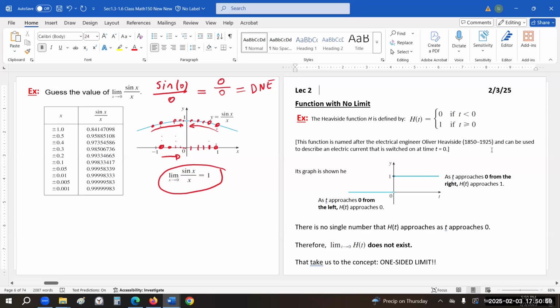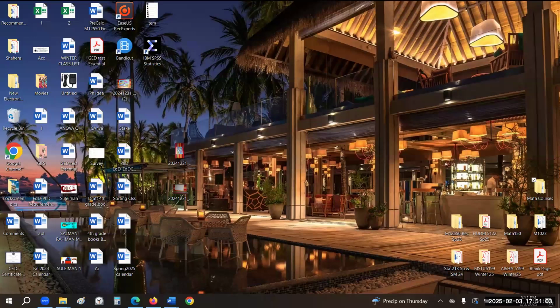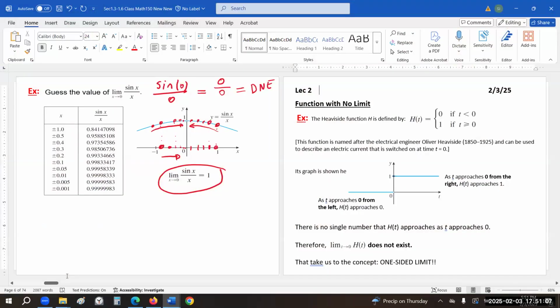So in our last class, we did one example with sin x over x. And we observed both graphically and pointwise. So if you look at pointwise, we are looking at the x value near 0. So it's like 1, 0.5, 0.4, 0.3.